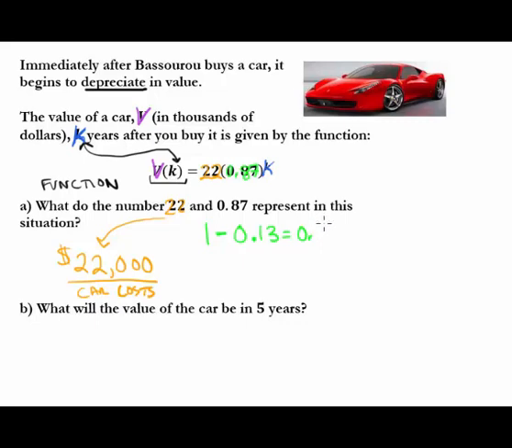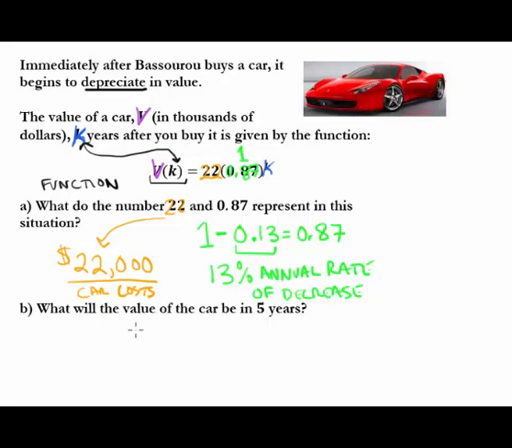They're the same number. And that 1 is our home place. This is 100%. If the car did not decrease in value at all, it would be 22 times 1, $22,000 times 1. So instead, it decreases by 13% annual rate of decrease. So that's what these two numbers represent.